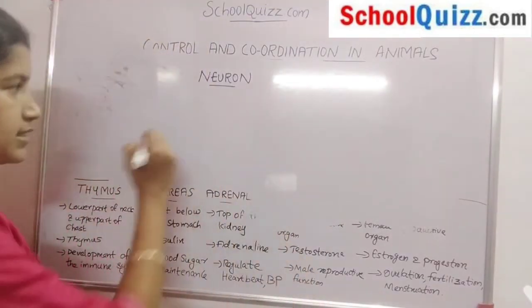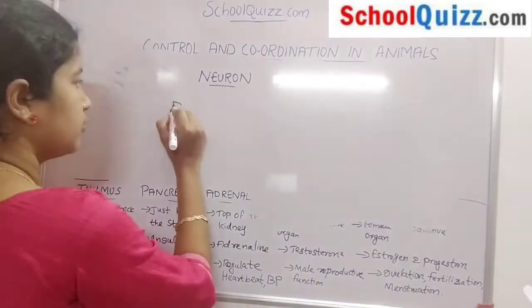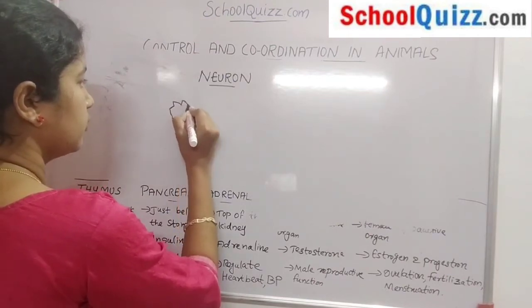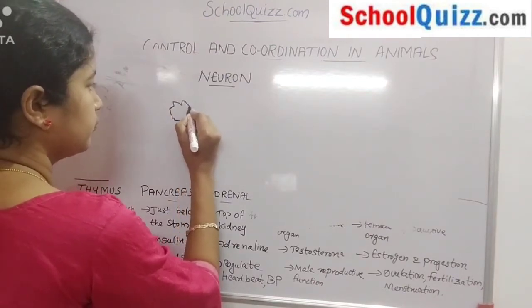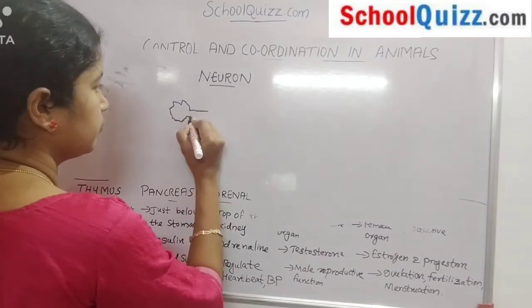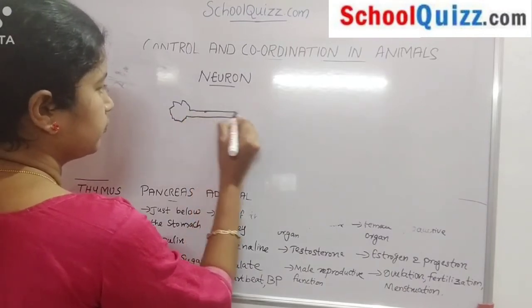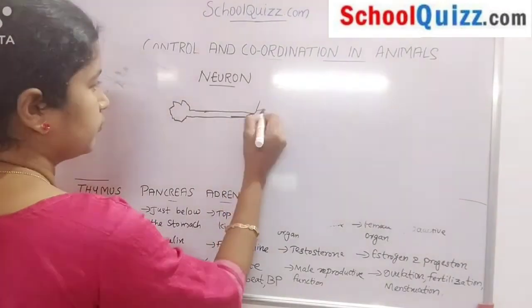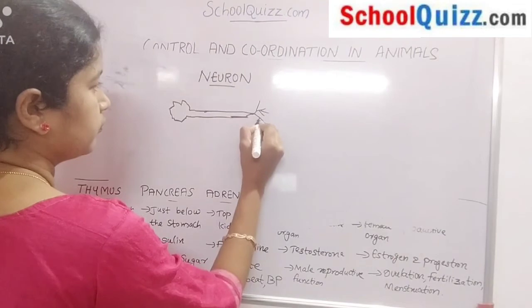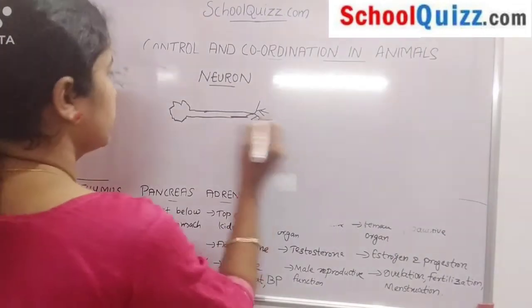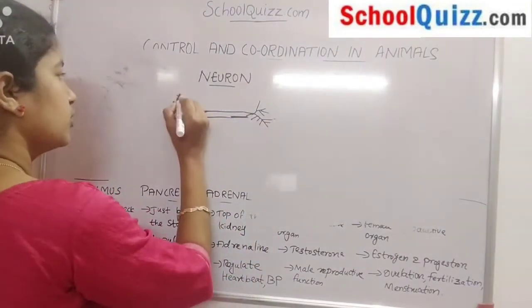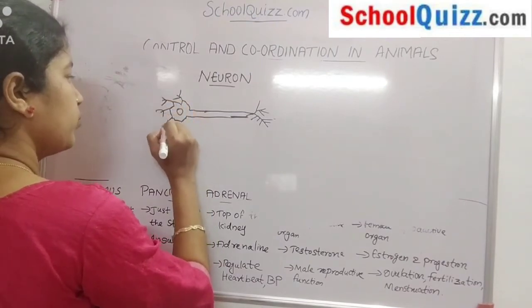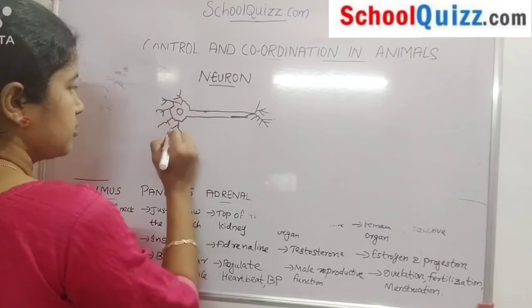So the neuron has a structure, that is, this is dendrites.